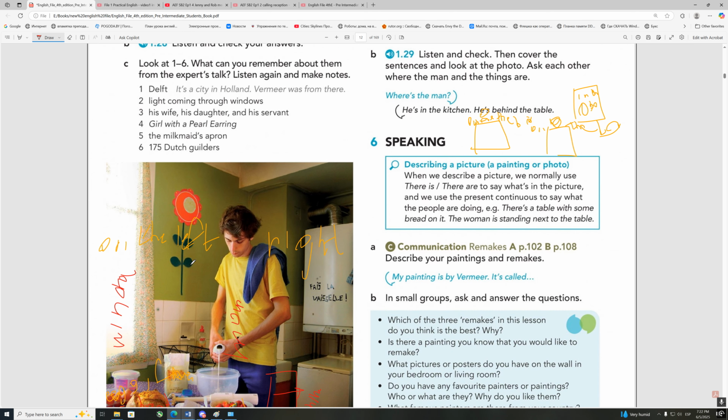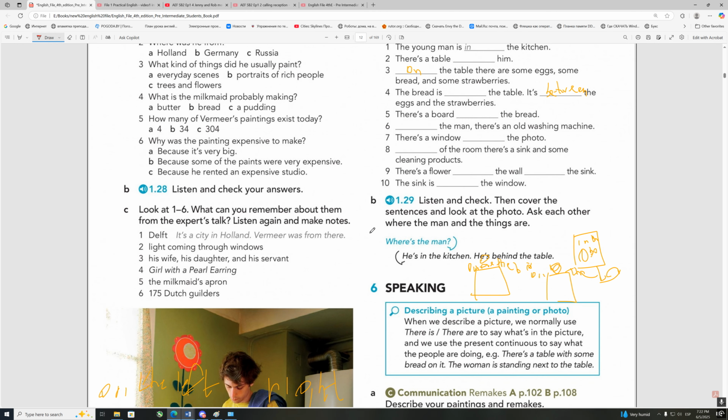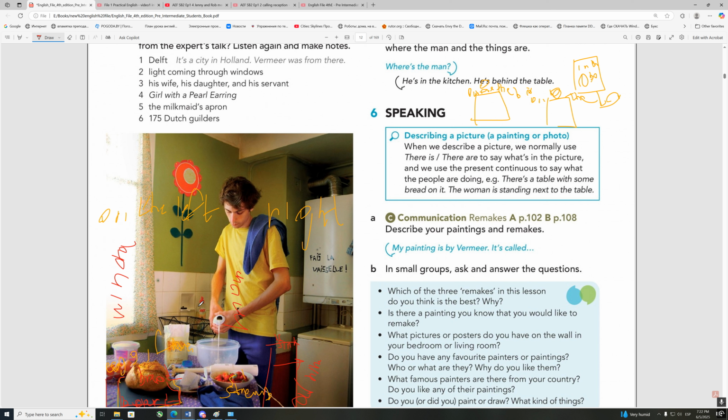There is a sink. This is the sink. It's not think, it's sink. And some cleaning products. Like, for example, what cleaning product? Domestos, maybe you know Domestos.